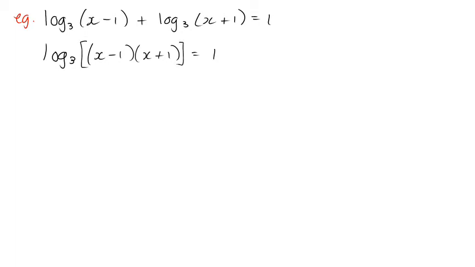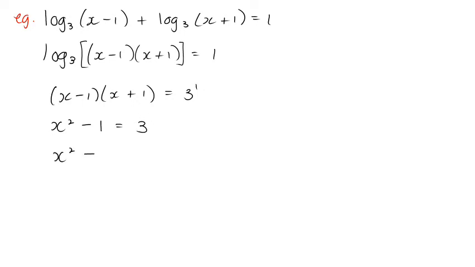Technically it should be like that, I think. Okay, so take our log over. The 3 becomes the base, and we raise the 1 up. Of course, it doesn't make much difference. 3 to the 1 is 3. And then all you have to do is solve for x. So x squared minus x plus x is 0, minus 1 equals 3.